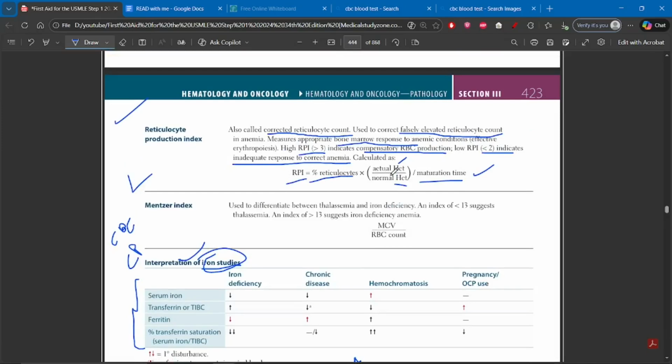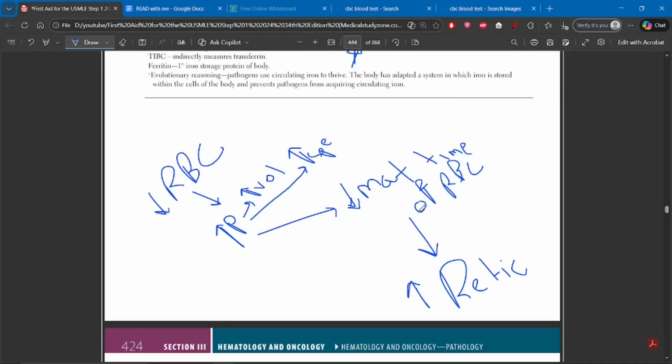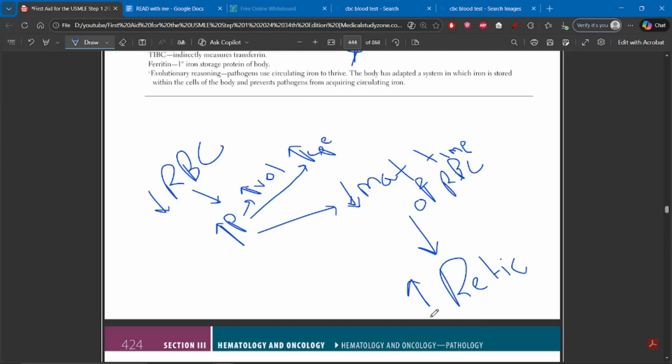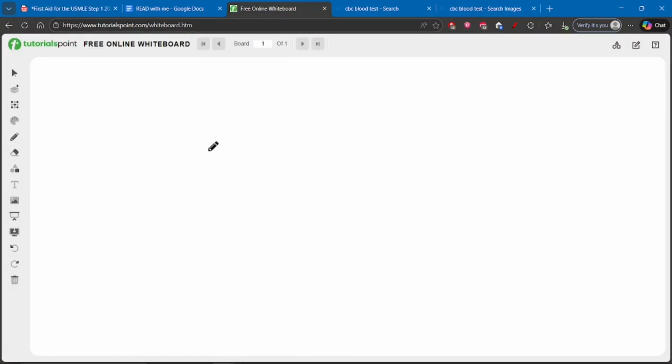But the problem is that this value is going to be high in the beginning, right? So this value is always going to be high in the beginning. We don't know if the reticulocytes that are being produced are increasing in the blood, or the reticulocytes that have already been produced are there. So there is increased reticulocytes, right?